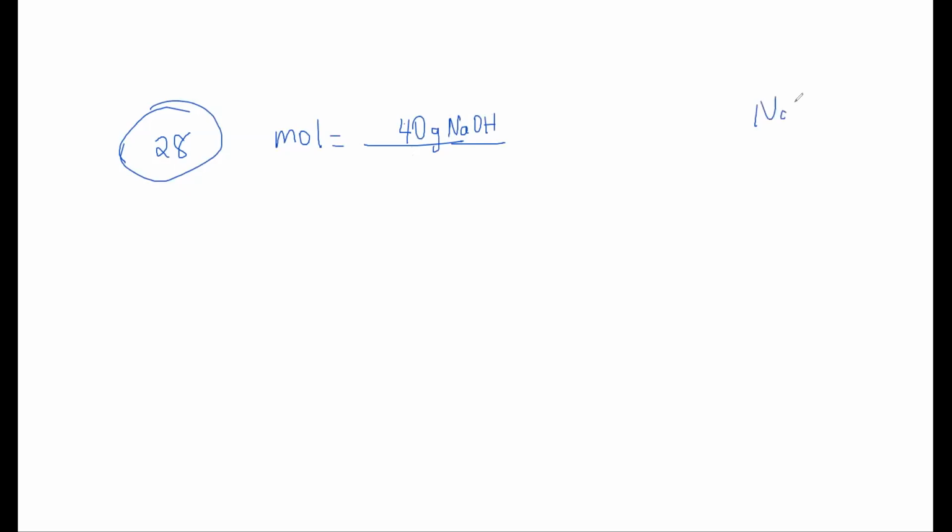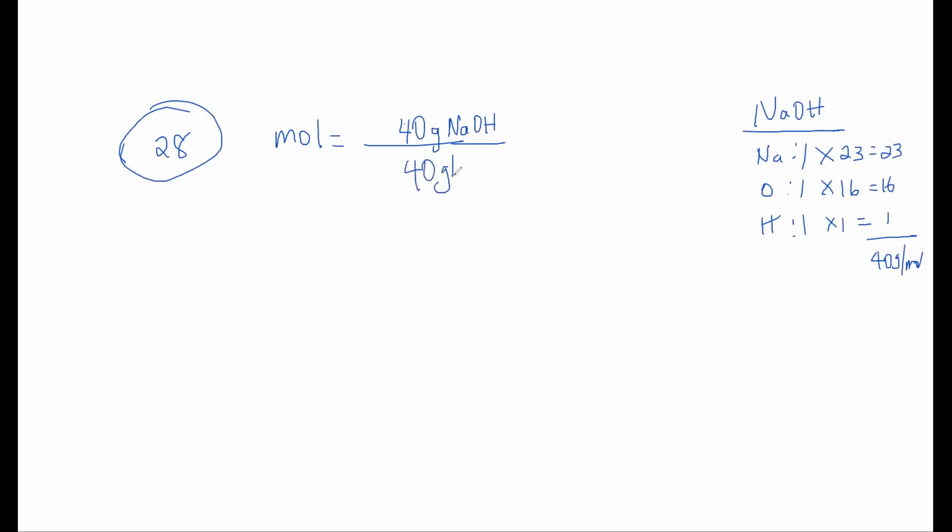The GFM of NaOH: I have Na, O, and H, 1, 1, and 1 times 23, 16, and 1. It's 40 grams per mole. So 40 grams divided by 40 grams per mole gives us 1 mole.